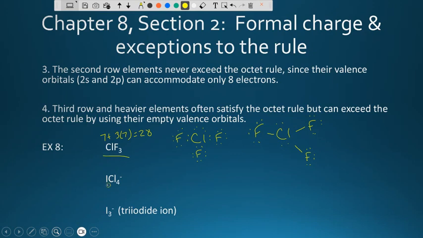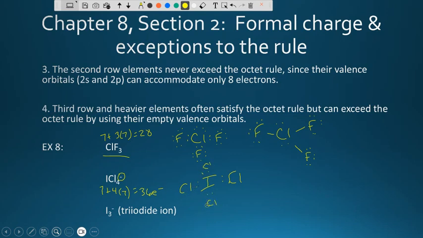Now, let's take a look at this one with iodine and chlorine. All right, so iodine is in the exact same column, 17, so I have 7 valence electrons. Now, this time I have 4 chloride, so that's going to be 28, plus another 7. Okay, so that's 35, and one more is 36 total electrons. Okay, so if I was going to fit all of these in, I end up with iodine, and we're going to form it with, this time, 4 chlorines.